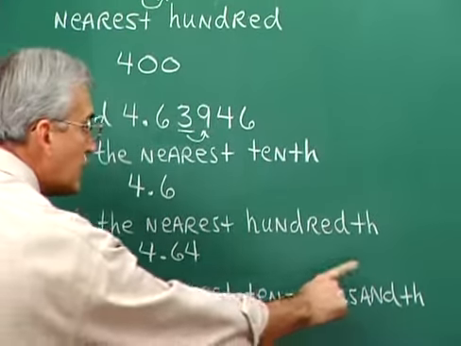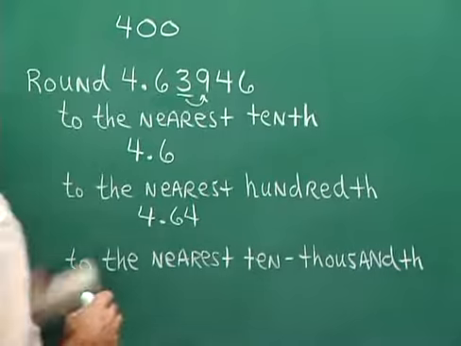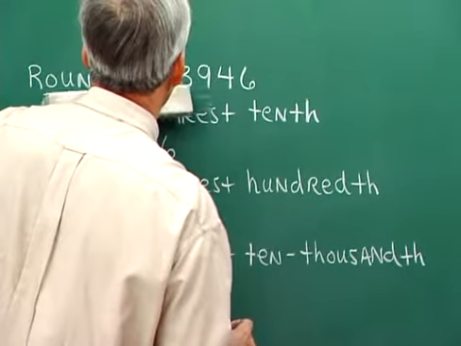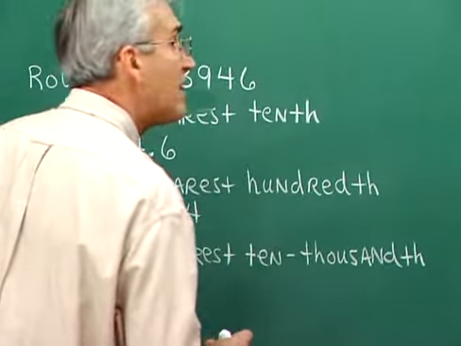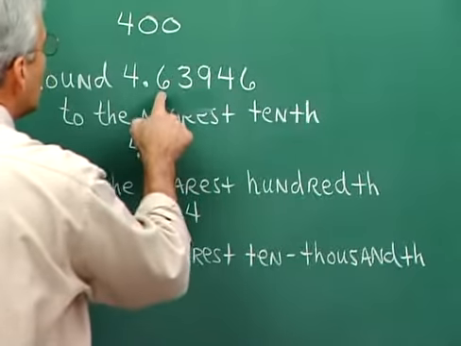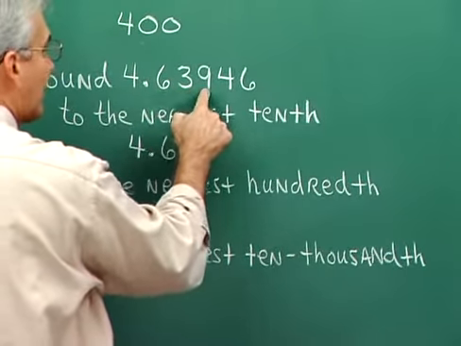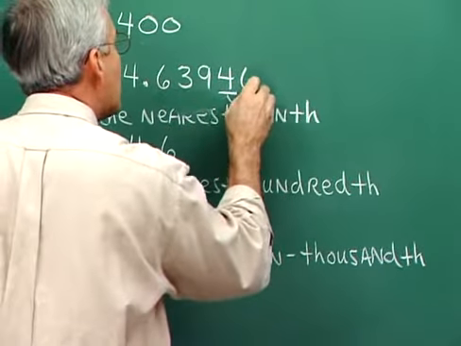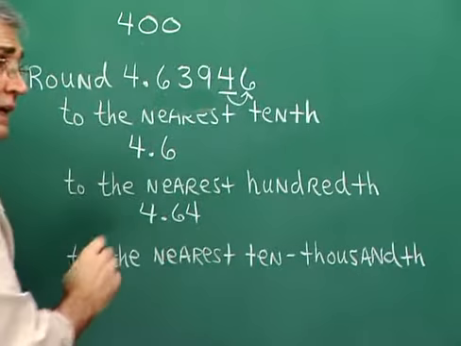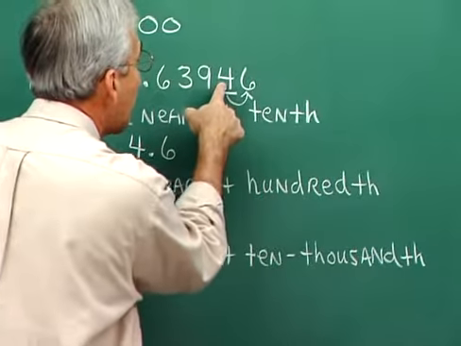To the nearest 10 thousandth. Whoa, 10 thousandths. All right, let's be careful now in identifying the position of the 10 thousandths digit. Tenths, hundredths, thousandths, 10 thousandths. To the nearest 10 thousandths, we look at the digit to the right. It's 5 or bigger, and so we're going to make that one larger.